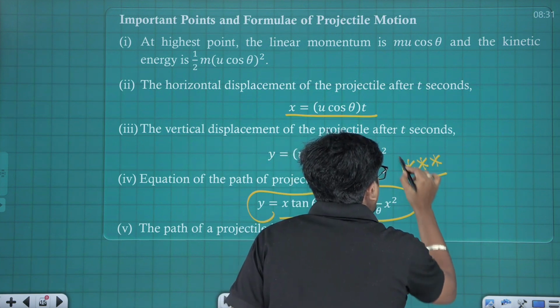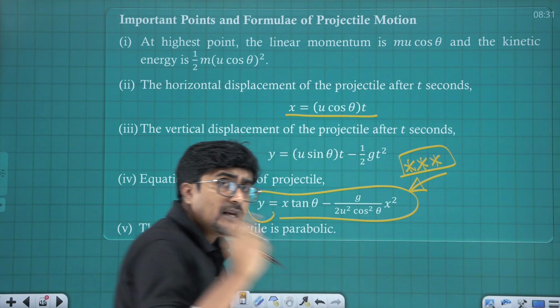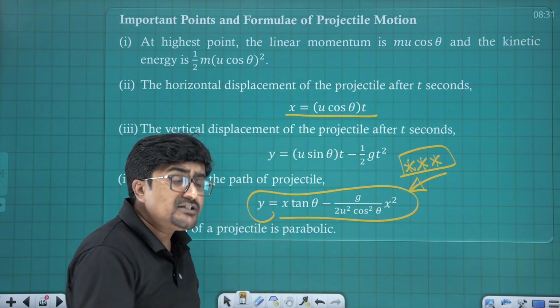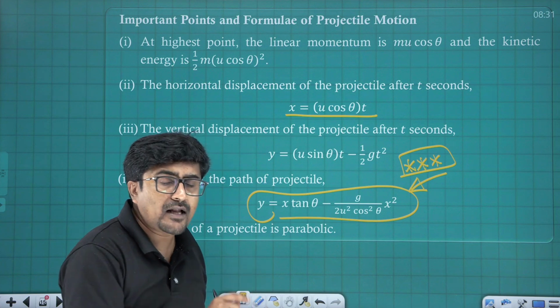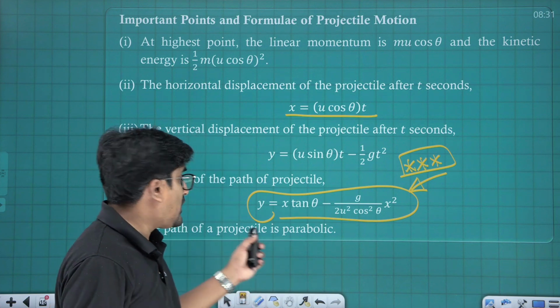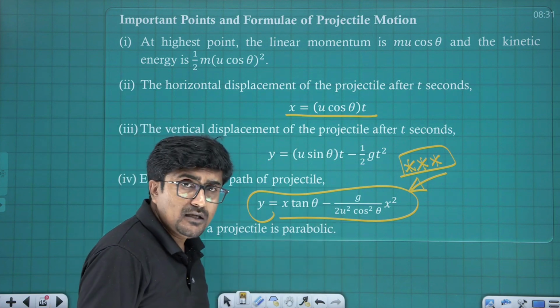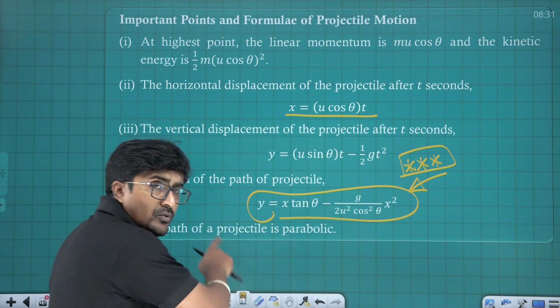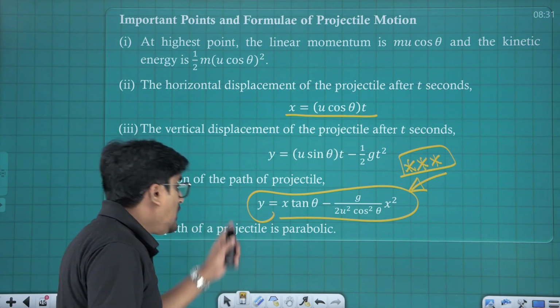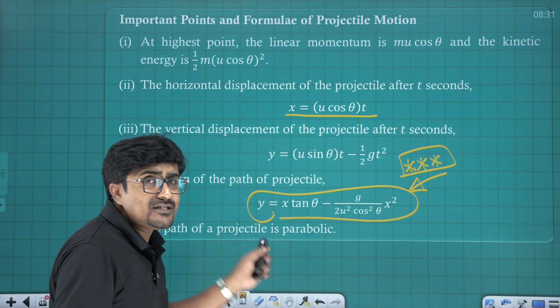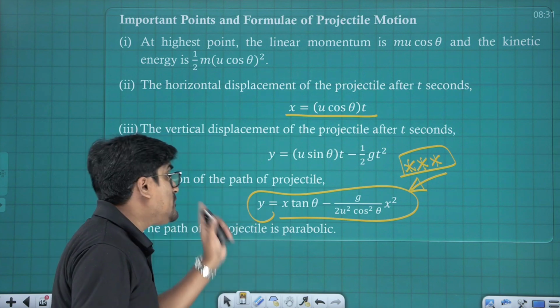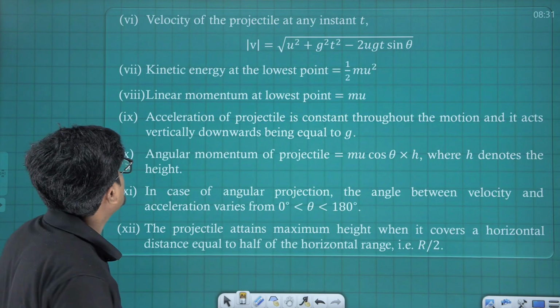Many times questions have come on identifying the trajectory of the motion. That means if the x value is given, then you can immediately find the y value, or if the y value is given, you can immediately find the x value, provided the theta terms are given. So this equation will help you a lot. I repeat once again, y is equal to x tan theta minus g x squared upon 2 times u squared cos squared theta.